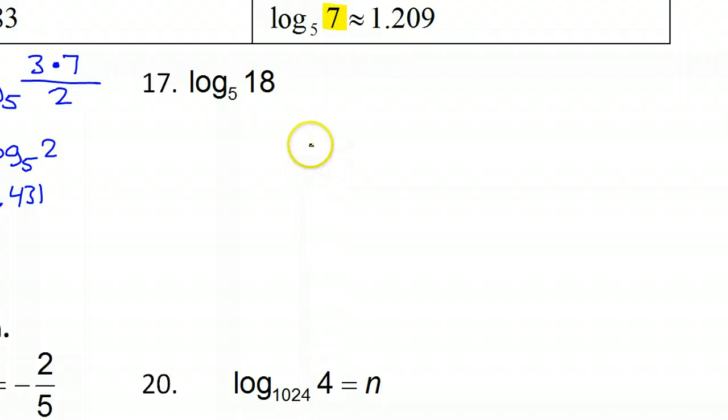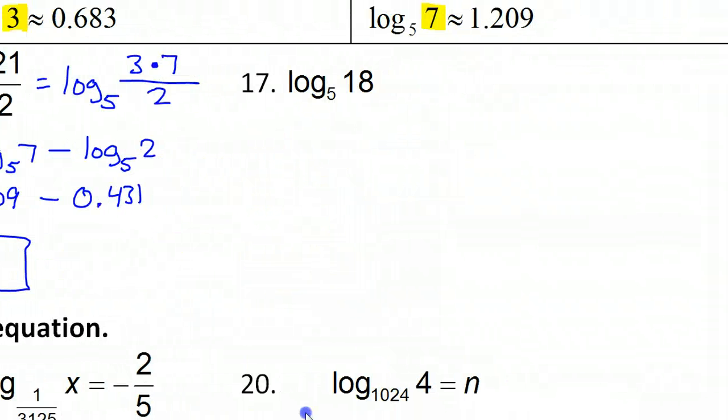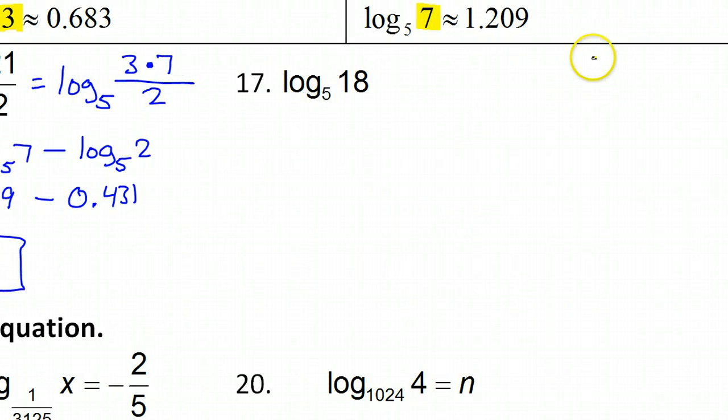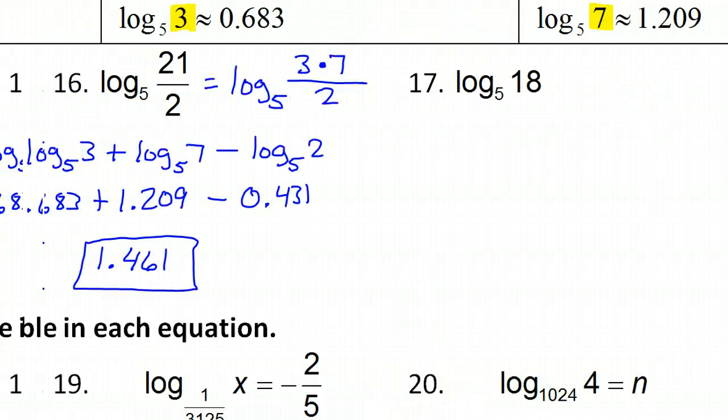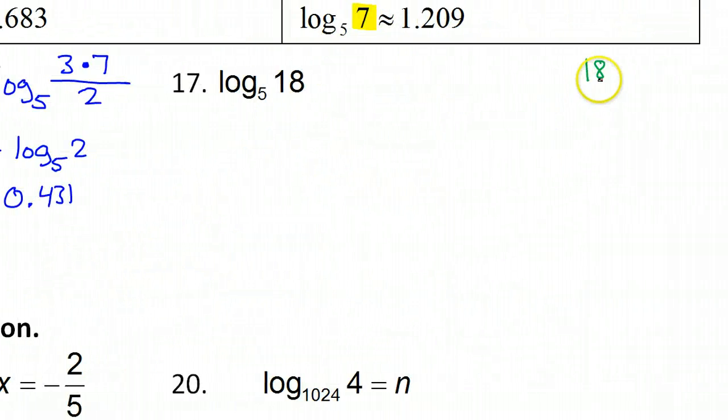Alright, number 17. Okay, 18. Now remember, we're looking for 2s and 3s and 7s. So over here off to the side in green, I'm going to do sort of a factor tree of 18, but I'm shooting for either 2s, 3s, or 7s. Now 18 I know is 2 times 9.